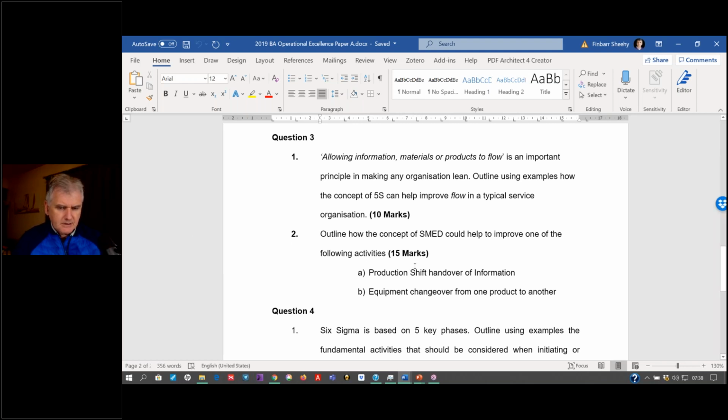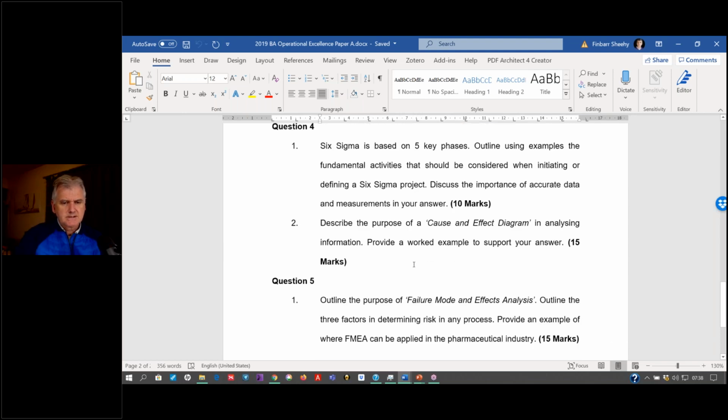Okay, so let's have a look at the Six Sigma type questions. And you can see in that case, most of them tend to be 3 questions in terms of lean. Six Sigma is based on 5 key phases. Outline using examples the fundamental activities that should be considered when initiating or defining a Six Sigma project. Discuss the importance of accurate data and measurement in your answer.